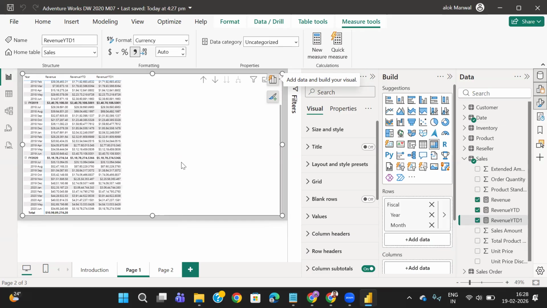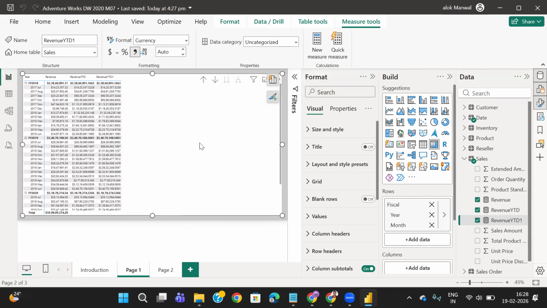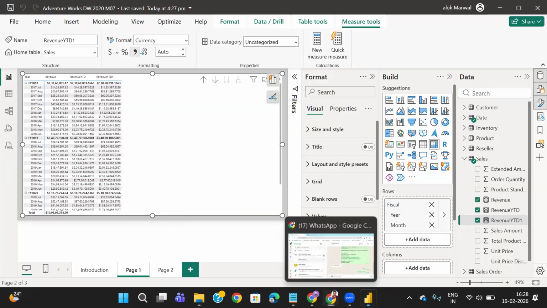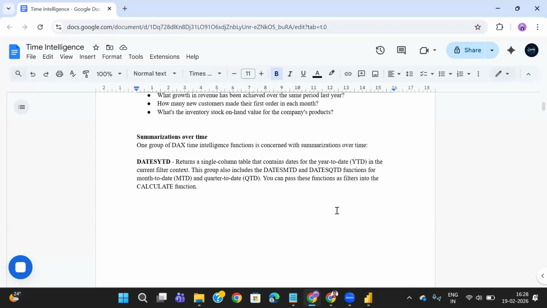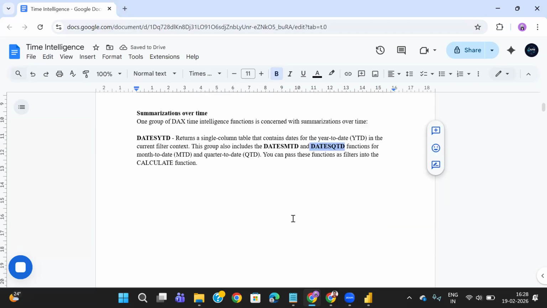So this is quite easy. Now what you can do is go for this dates MTD, this dates QTD. Try this MTD and this QTD by yourself.